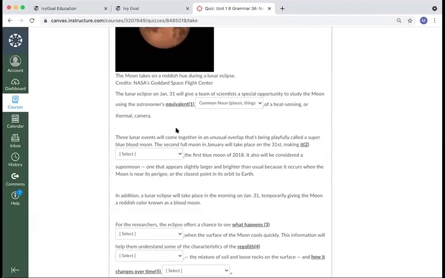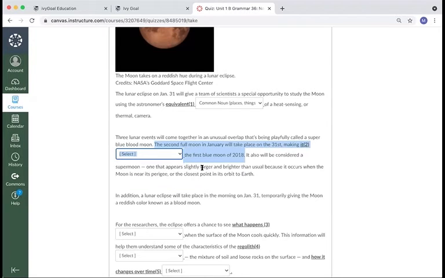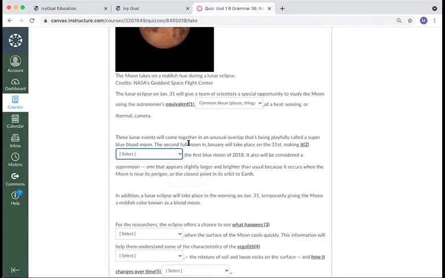All right, Elsie, can you read this one, please, and pick the correct answer? The second full moon in January will take place on the 31st, making it the first blue moon of 2018. So what is it? It's standing in the place for the word moon.